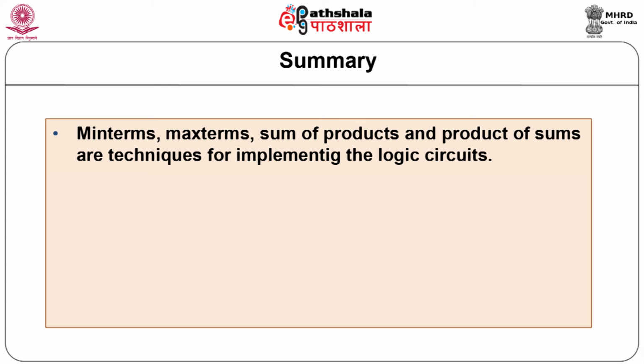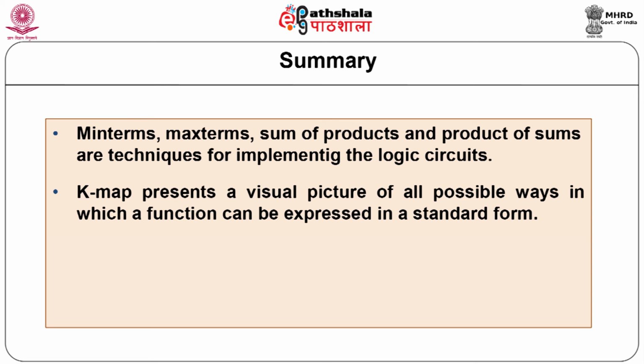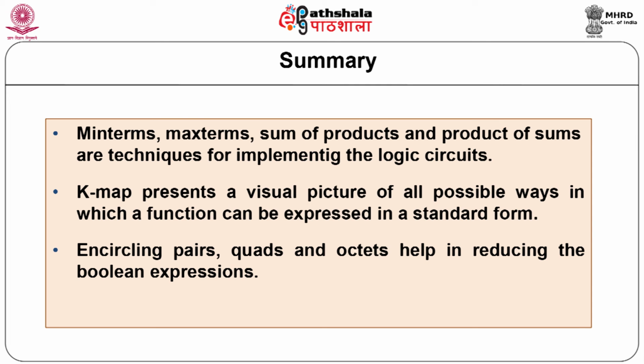One can have standard forms or canonical forms. K-map presents a visual picture of all possible ways in which a function can be expressed in standard form. Encircling pairs, quads and octets helps us in reducing the Boolean expressions. Thank you.